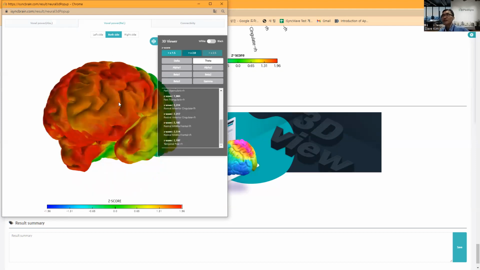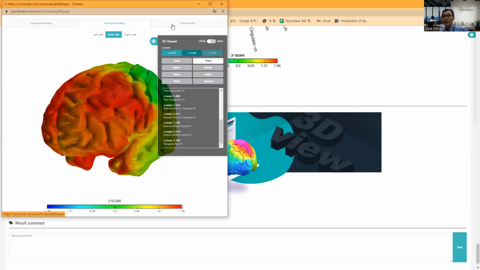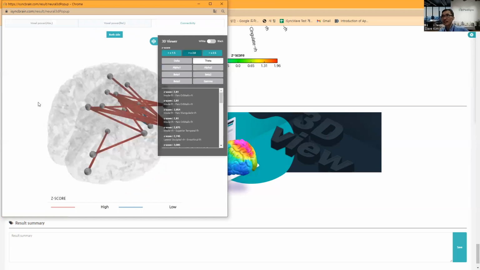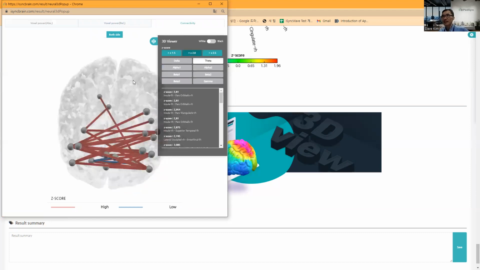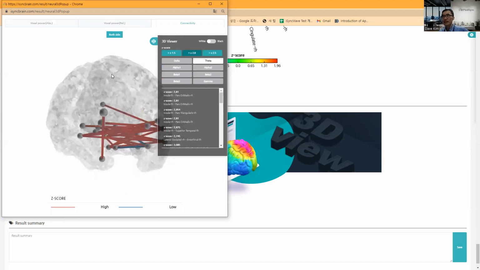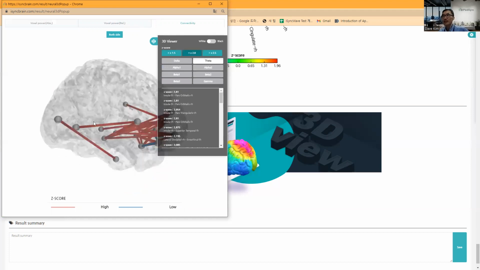And we can also see the connectivity abnormality pattern like this. In this theta band, theta is the main abnormality in this specific ADHD case.